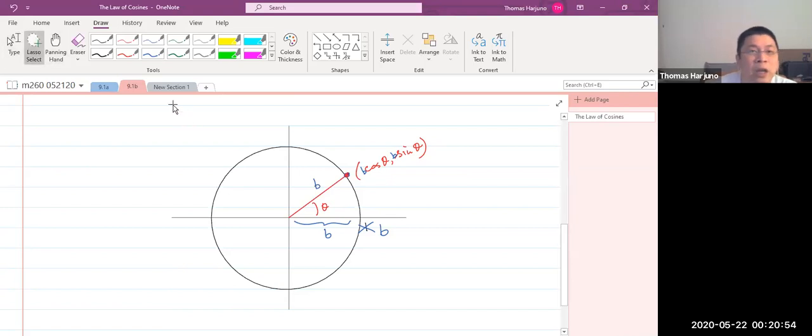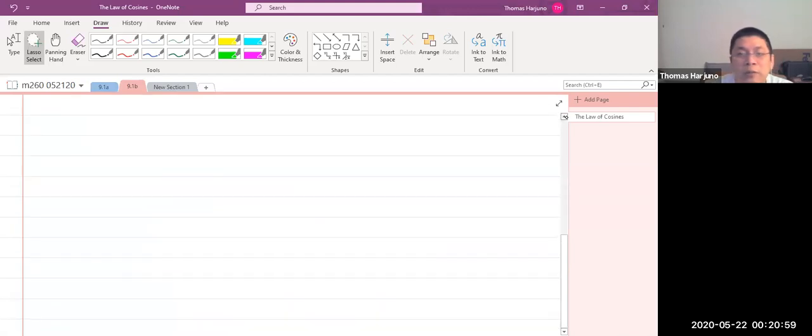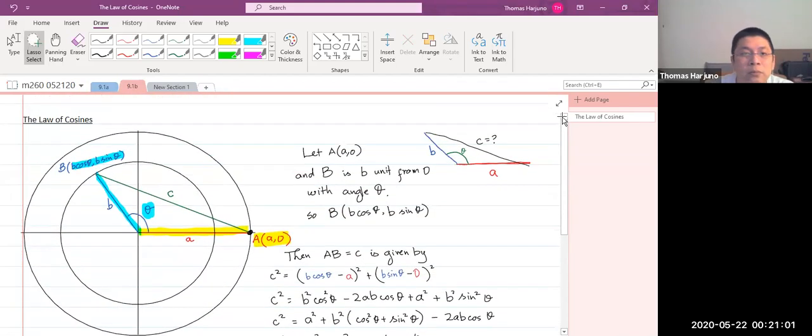Now I go back to what I have here upstairs. If this is angle theta, then the coordinate of B is b cosine theta, b sine theta. Then this side C is basically the distance between point A and point B, so I apply the distance formula.